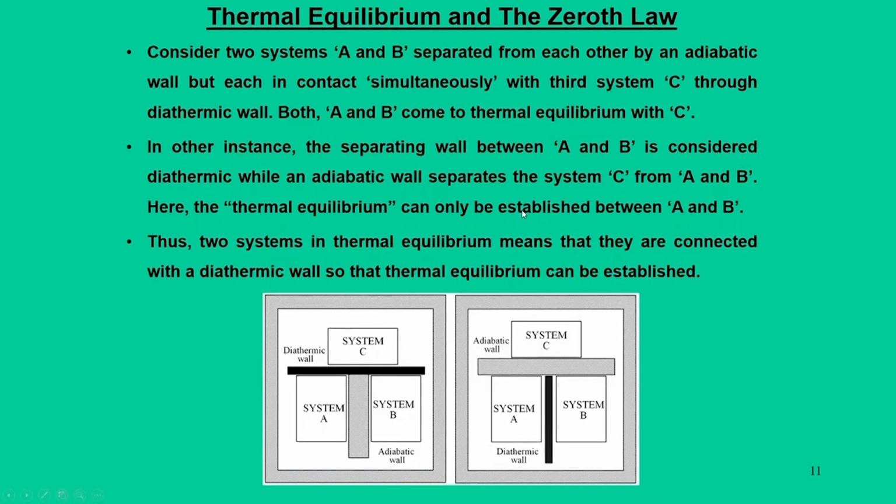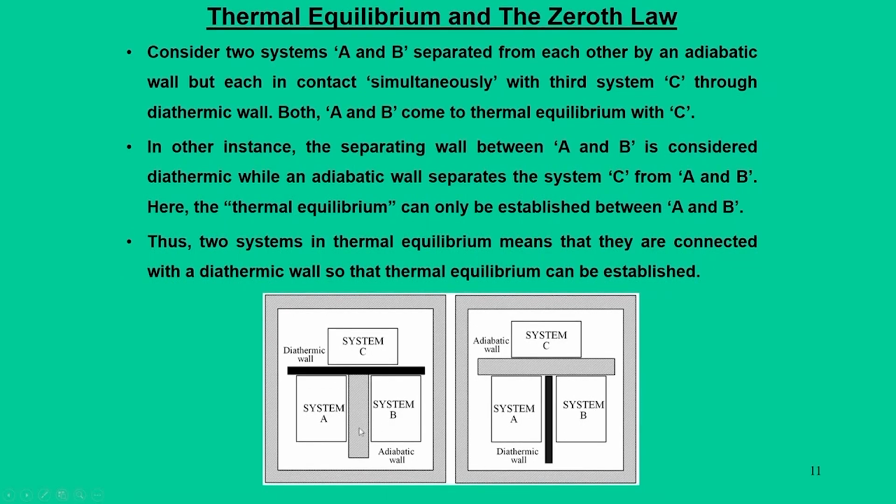Now, moving further, let us complicate things a bit. In addition to systems A and B, we bring another system into the picture, system C. Here we view the entire set of systems, putting both diathermic and adiabatic walls into the picture, arranged in a particular fashion.